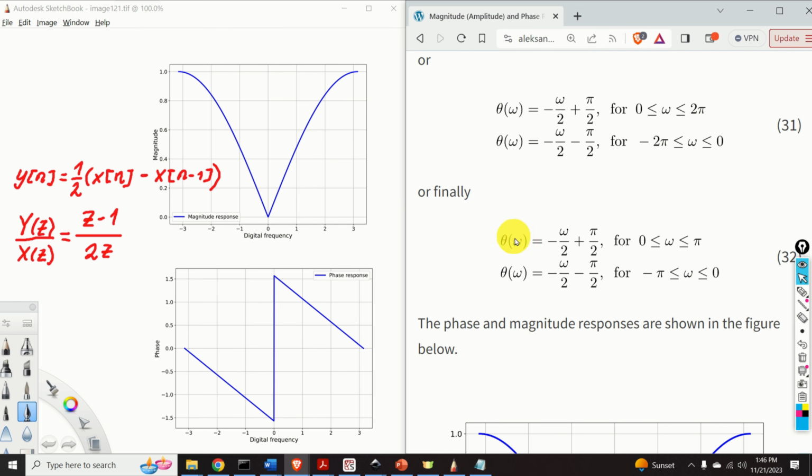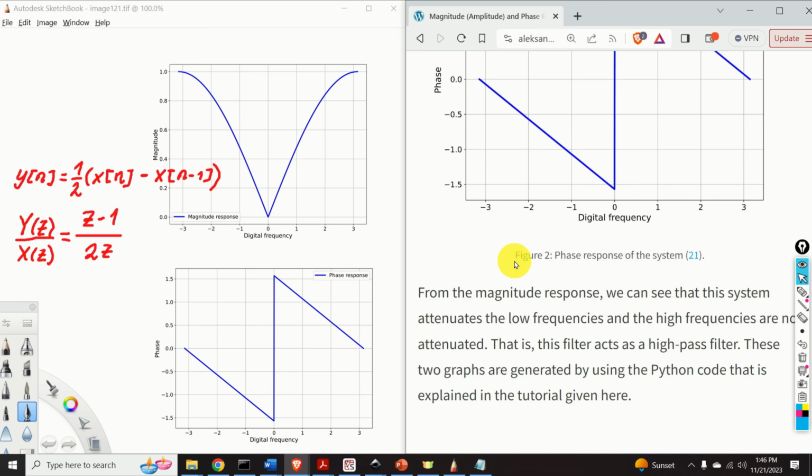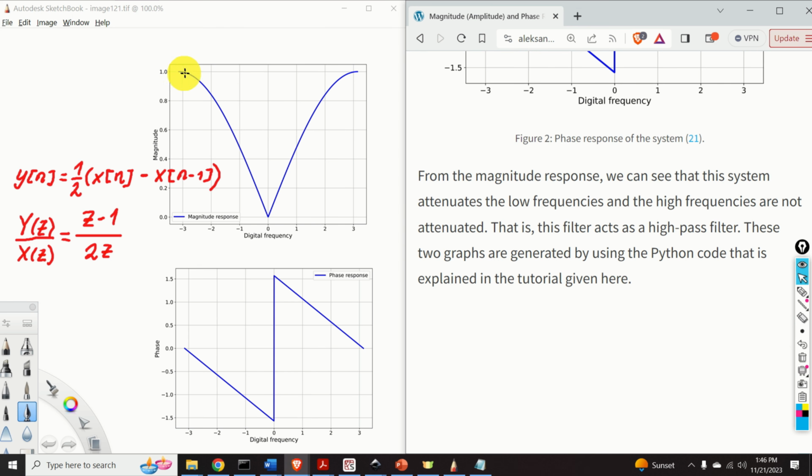Another very important thing should be observed about the digital frequency and the magnitude and phase responses. We can see that this system attenuates the low frequencies, that is the frequencies that are over here. And keep in mind that this number over here, or the end over here, is minus pi, and this number is plus pi.